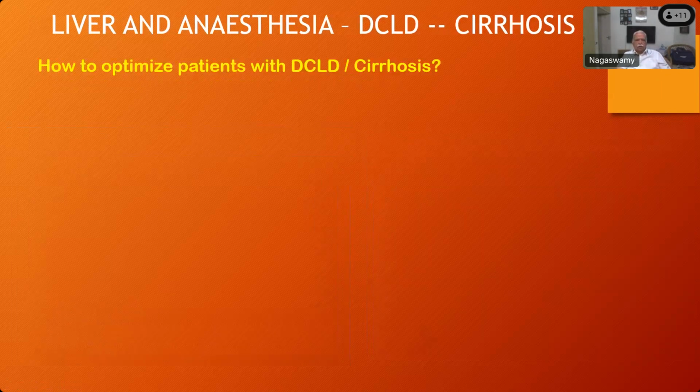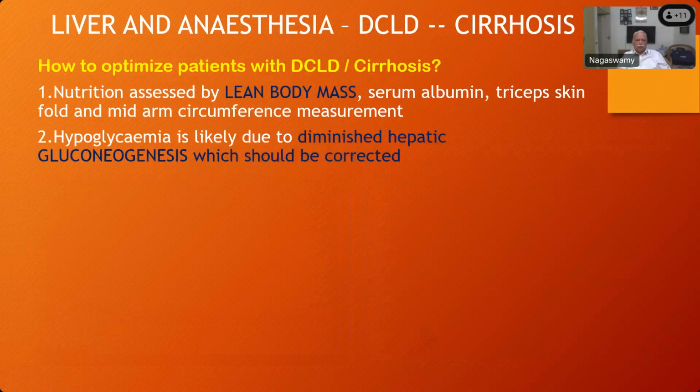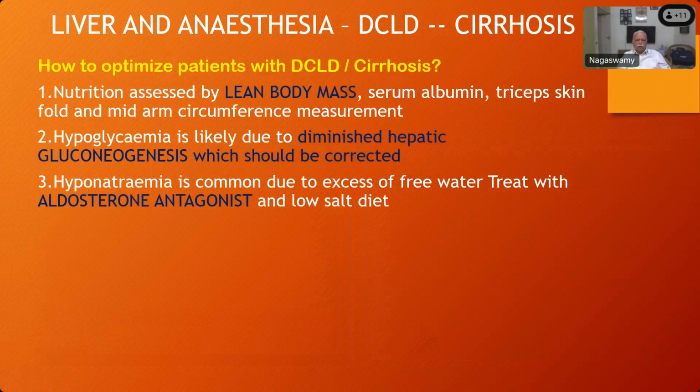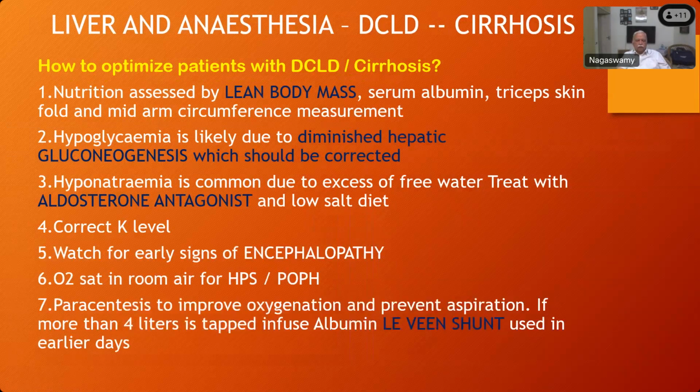And how to optimize the patient? You have to take care of the nutrition. You have to correct the hypoglycemia. Hyponatremia is very common, so you may have to treat with aldosterone antagonists. Watch for early signs of encephalopathy. Oxygen saturation on room air is to be assessed and proper measures taken.